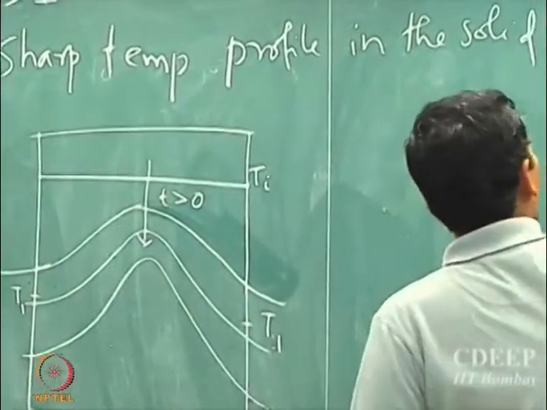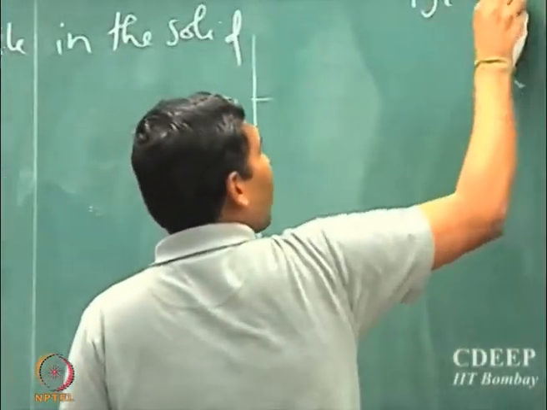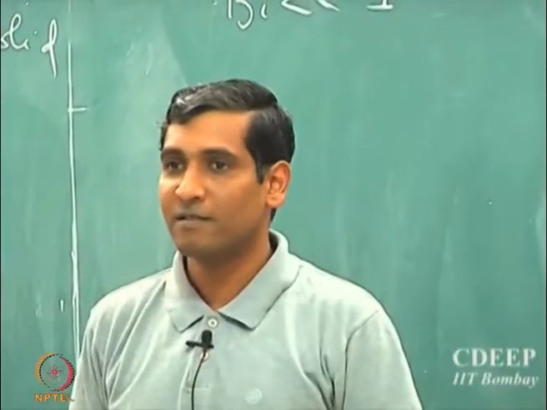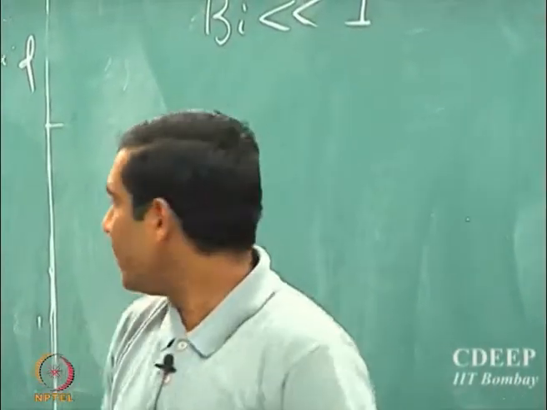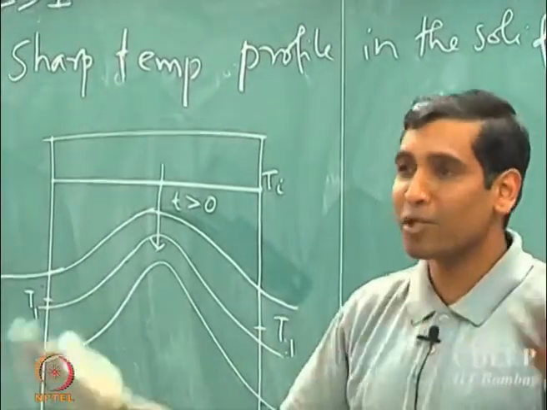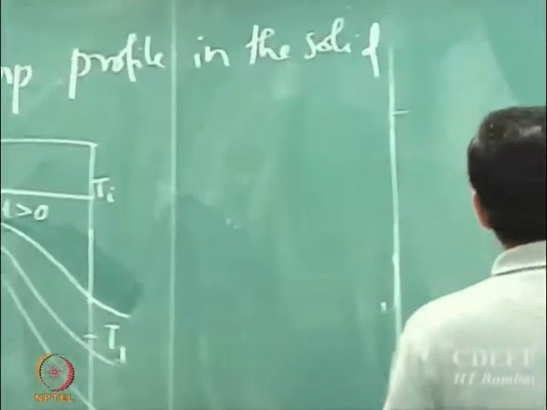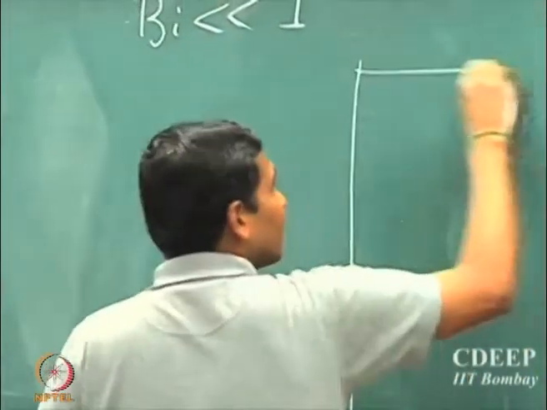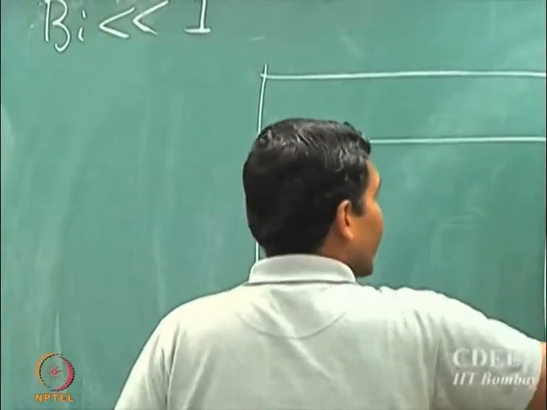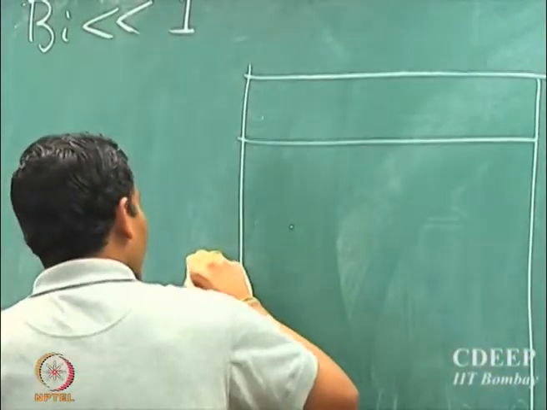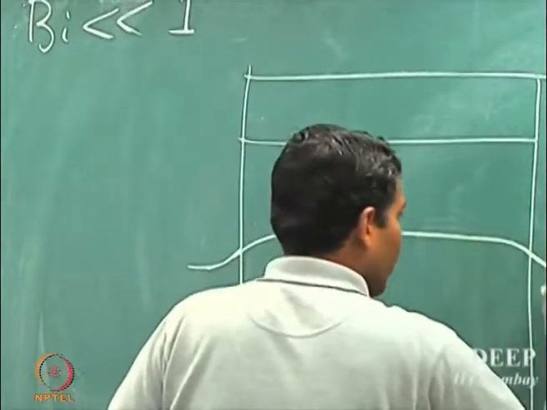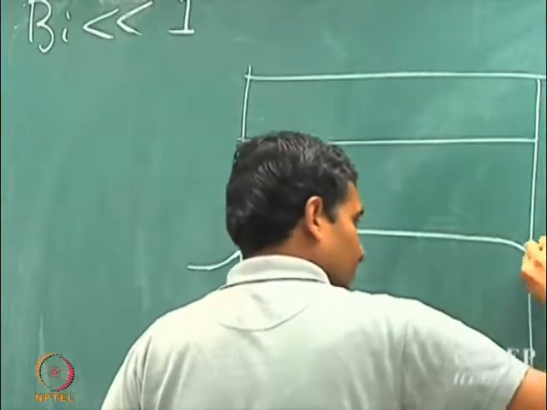So similarly, I could draw for Bi much smaller than 1. If Bi is much smaller than 1, what would you expect? What will be the temperature profile inside the solid? It will be almost flat, almost uniform. So one could sketch the temperature profile. If Ti is the initial temperature, you will have sharp gradients outside, but not so sharp gradients inside.